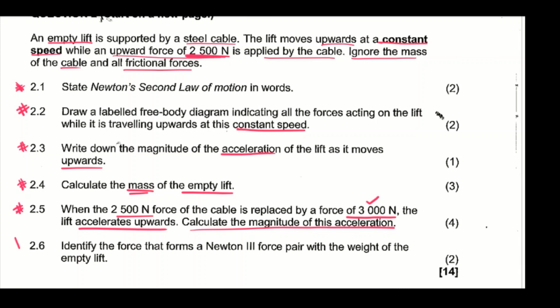Now we're going to do 2.6, which says to identify the force that forms a Newton 3 force pair with the weight of the empty lift. So if we draw the lift, it looks like this, right?